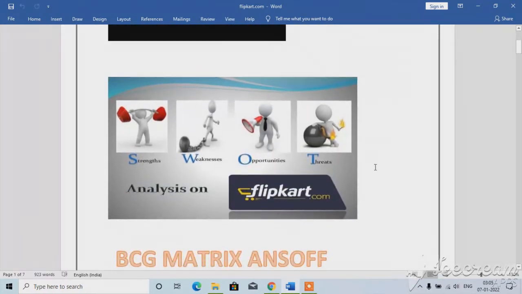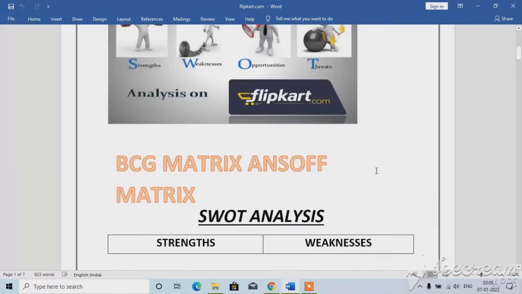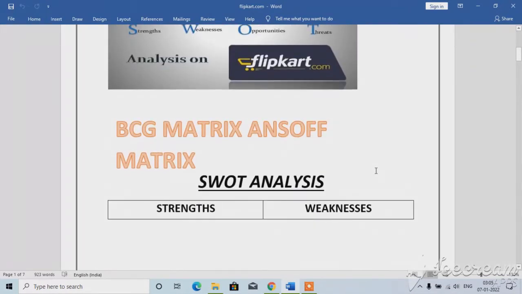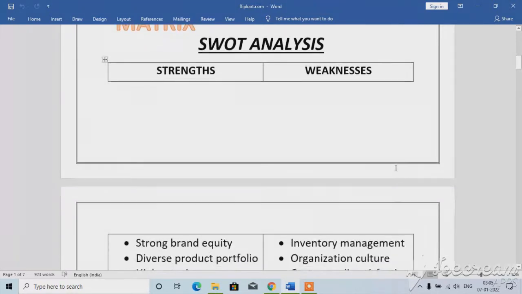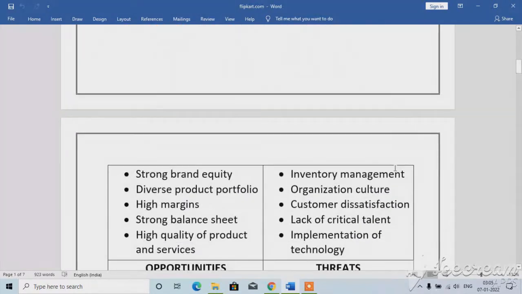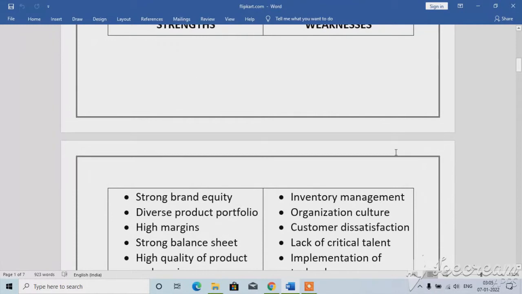In this, we will analyze the SWOT analysis of Flipkart through the BCG Matrix and Ansoff Matrix. In SWOT analysis, there are strengths and weaknesses. First of all, we will consider the strengths. First, strong brand equity. Second, diverse product portfolio.